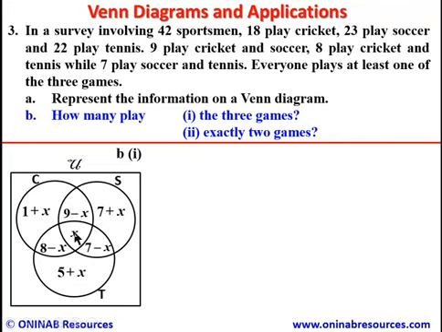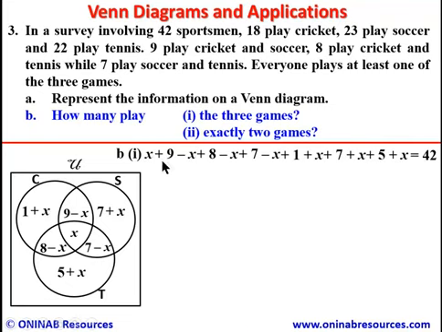So that's going to give us x plus 9 minus x plus 8 minus x plus 7 minus x plus 1 plus x plus 7 plus x plus 5 plus x is equal to 42.